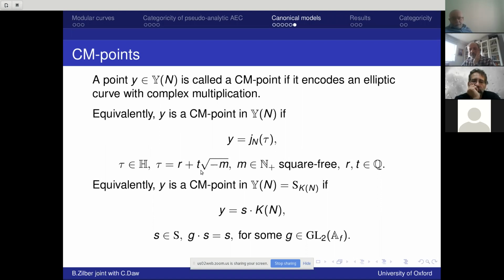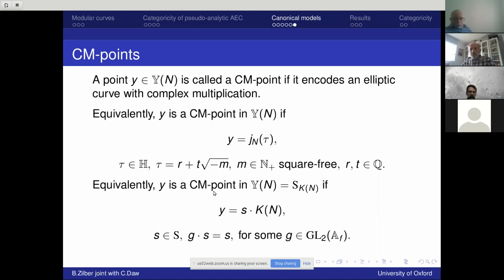So if you apply your J function to a quadratic point, then you get a point on the modular curve which is exactly a CM point. You can take this as the definition of CM point in this analytic setting.